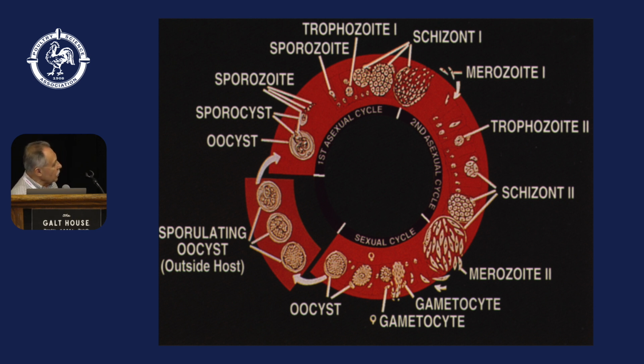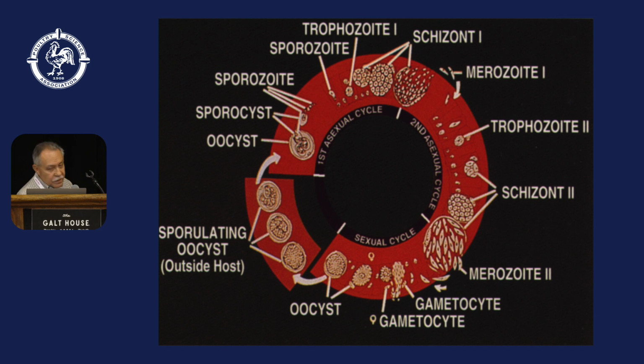And then the chicken is going to peck at the litter, pick up one of these infective forms, and through the mechanical action of the gizzard, this outer wall will be crushed, releasing the sporocyst, which through further action of the gizzard and the pancreatic enzymes, in particular trypsin and chymotrypsin, as well as bile salts, will dissolve the outer wall of the sporocyst, releasing the sporozoites.